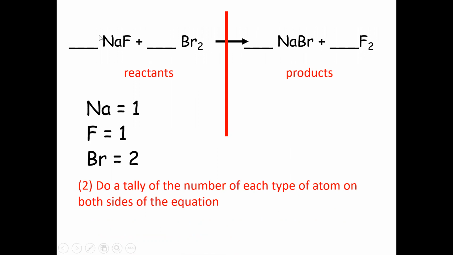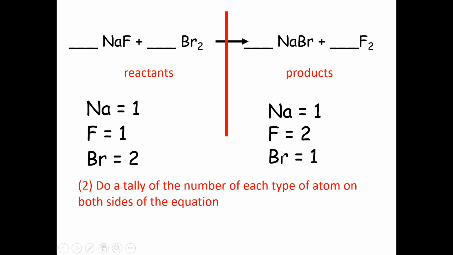So again, you have one sodium atom, one fluorine atom, and because of that subscript 2, you have two bromine atoms. On the product side, you have one sodium atom, you have two fluorine atoms, and you have one bromine atom. Now, can you see the order goes sodium, fluorine, bromine on this side, so sodium, fluorine, bromine.